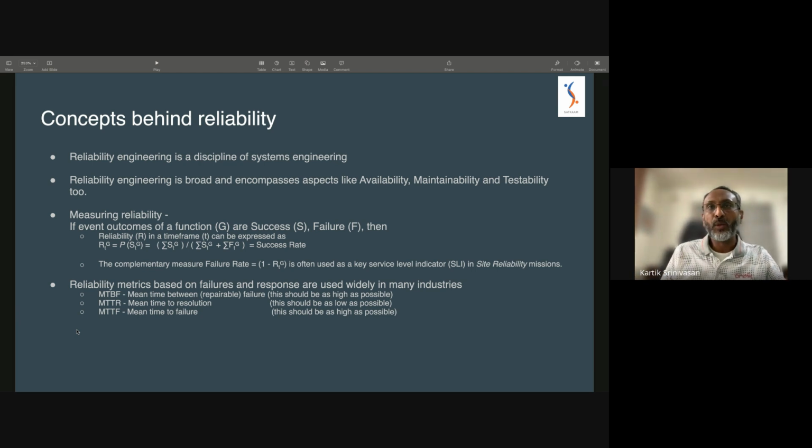Mean time to resolution should be as low as possible, which means after an SLI has been breached, or a number that has been hit, to say the failure rate went from 0 to 0.0002, and that has triggered an alert, I should be able to resolve that alert so that the system comes back to 0.0001 at the very least, which is an SLI that I'm happy with.